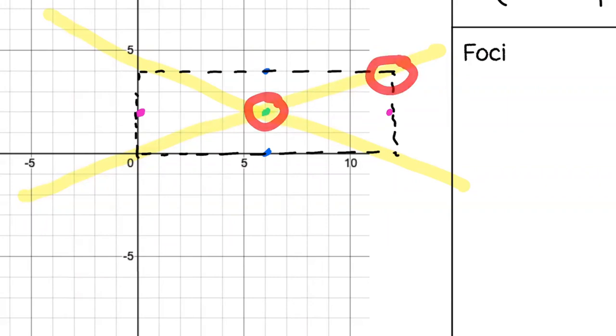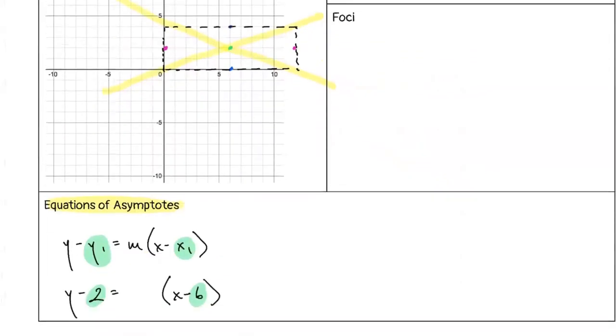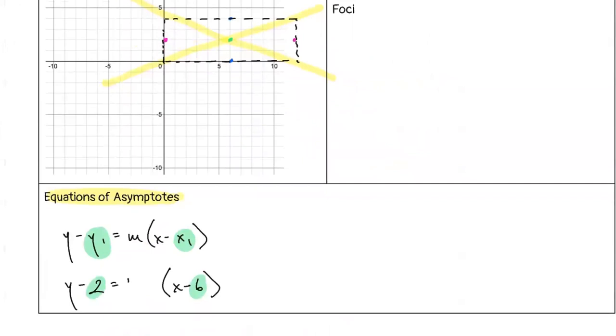Any 2 points on that yellow line, if you count between them, that'll tell you the rise and the run. We should get plus or minus 2/6, which we can write as 1/3.